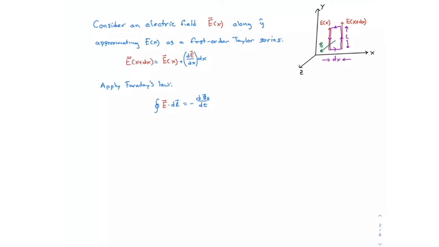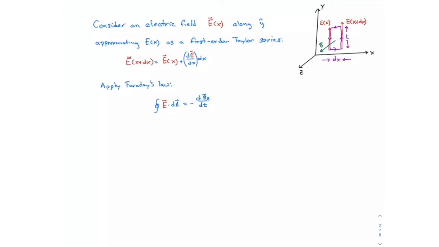And E dot dl is not 0 around the loop, which by the way it's not if the electric field is not constant, because as I've drawn it, it's bigger on the right than it is on the left. And the electric field pointing along y is not going to have any contributions to E dot dl on the top or the bottom of this loop.